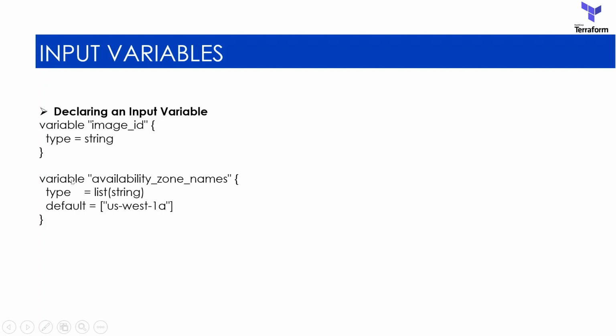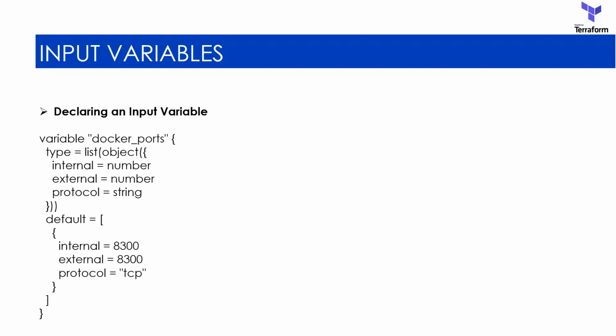For example, variable availability_zone_names, type list(string), and default value us-west-1a. A variable can also have a complex type, like a list of objects. Inside that we have internal number, external number, and protocol, and then a default value of internal 8300, external 8300, protocol TCP.